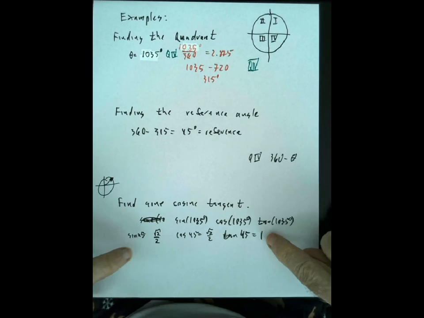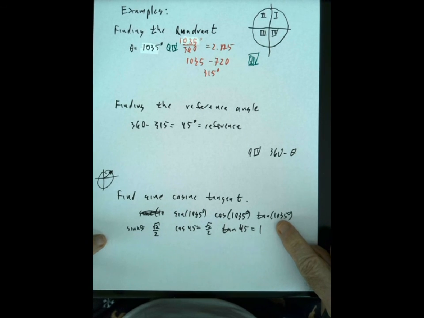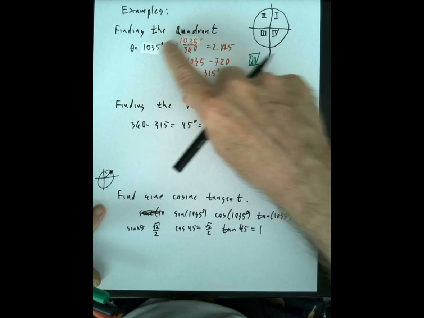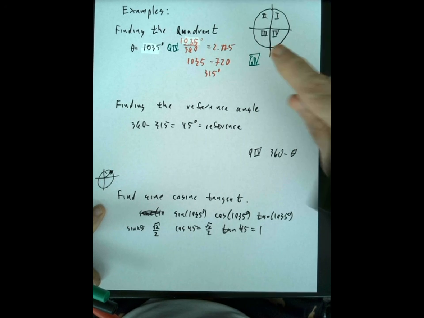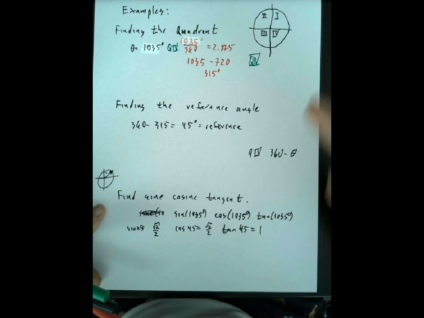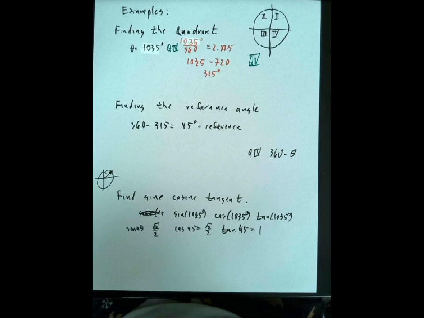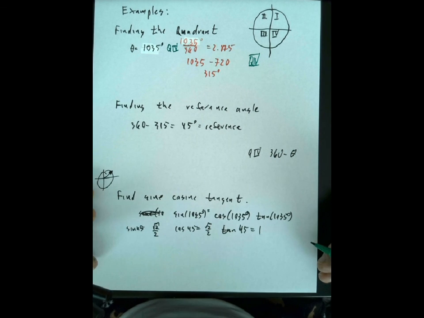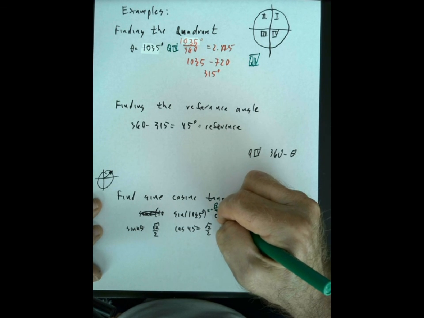Now, those absolute values are the same. It's just that because 1035 is in Q4, the cosine will be positive, the sine will be negative, and the tangent will be negative, right? So the sine of 1035 is going to be negative radical 2 over 2.